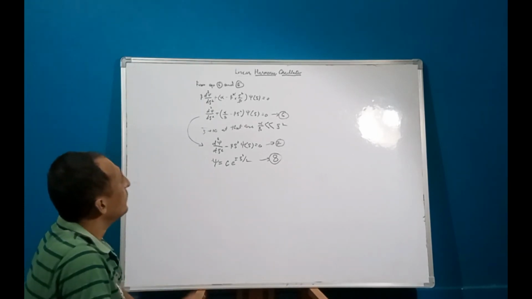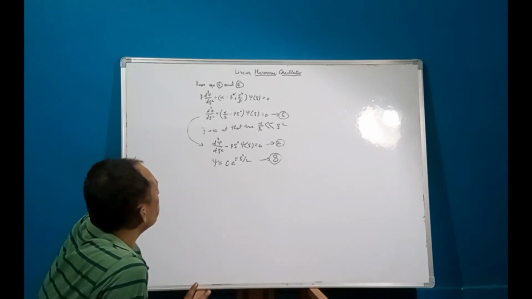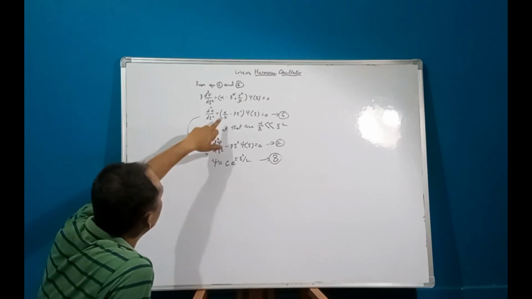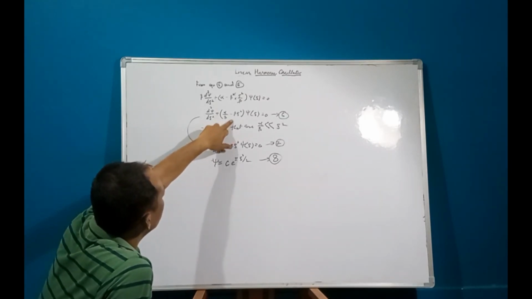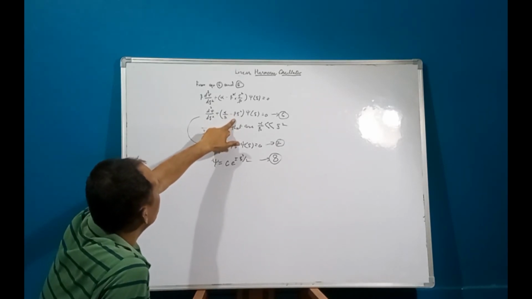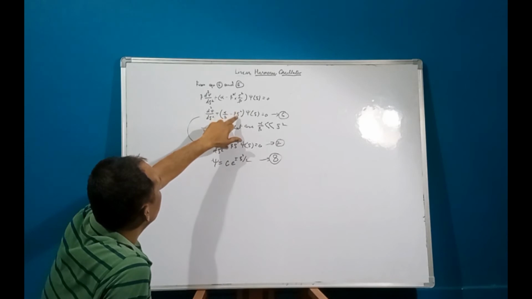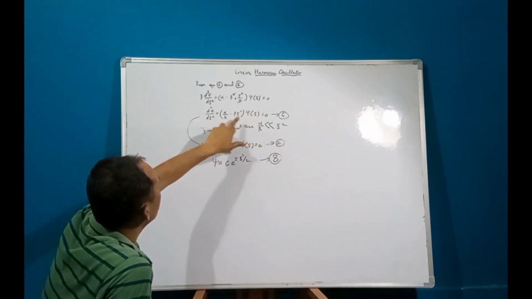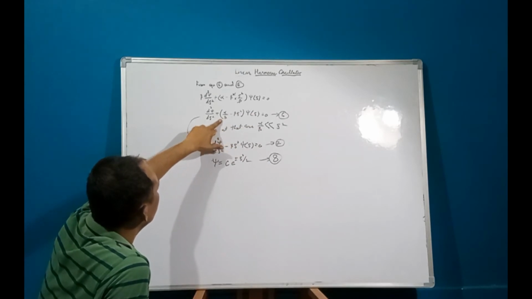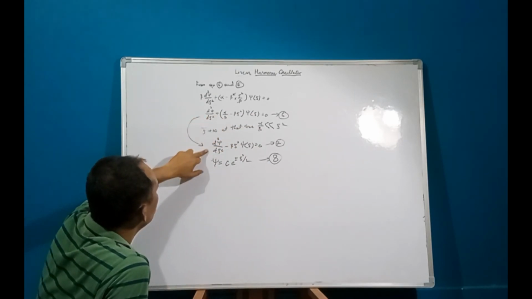But this solution is not complete. It is just a part of the solution that we have extracted, because our original equation has alpha by beta minus beta psi square, and we have put a restriction that when psi tends to infinity, this term will vanish, and then this equation reduces to this equation.